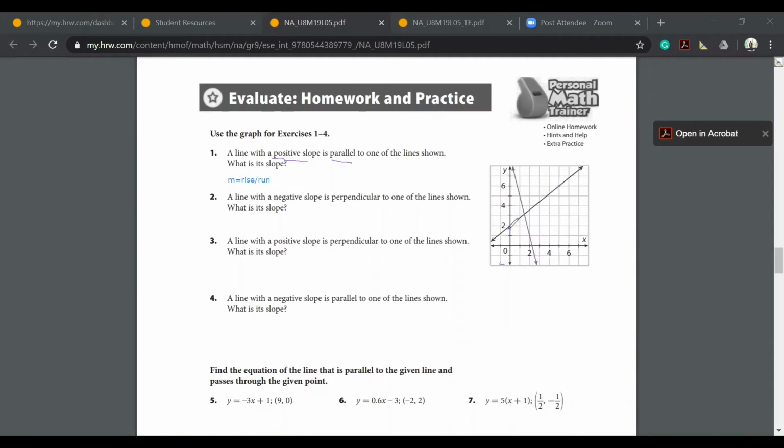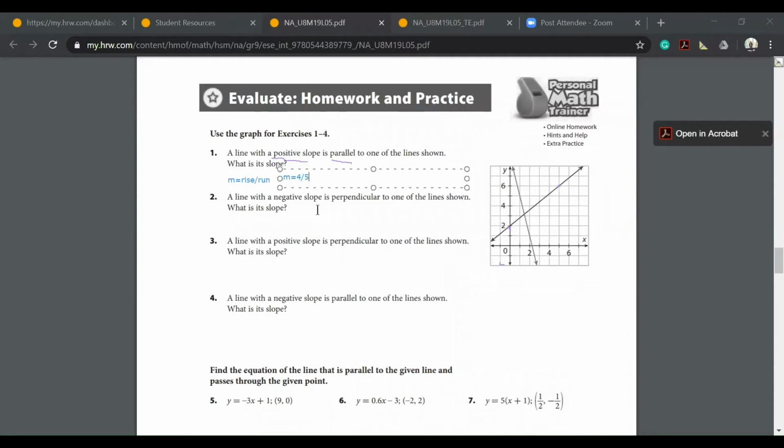Okay, let's begin by counting the rise. First of all, the rise, we rose how many points? Let's count. 1, 2, 3, 4. So it's 4 over 1, 2, 3, 4, 5. So my slope is 4 over 5.